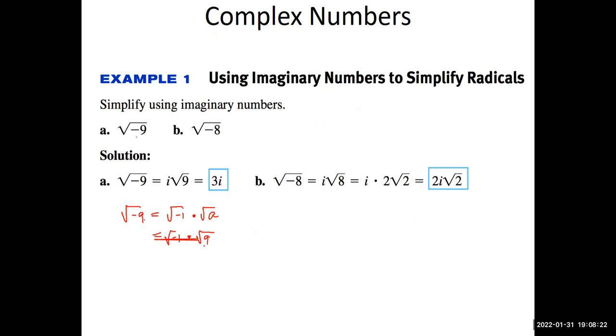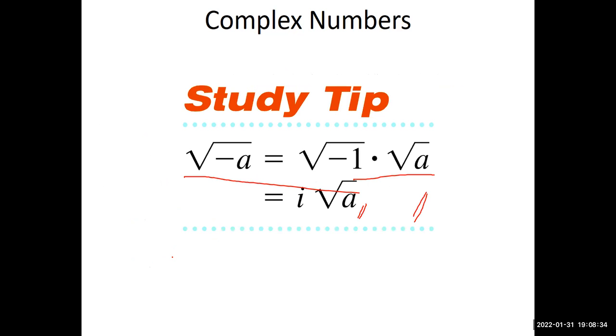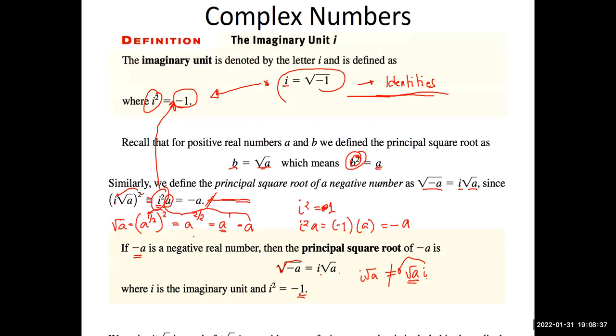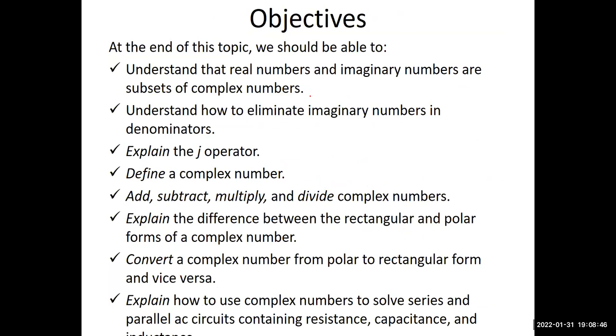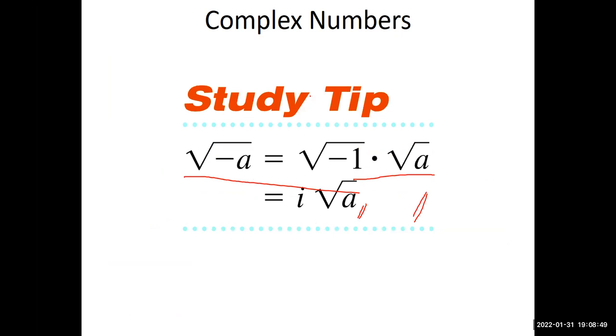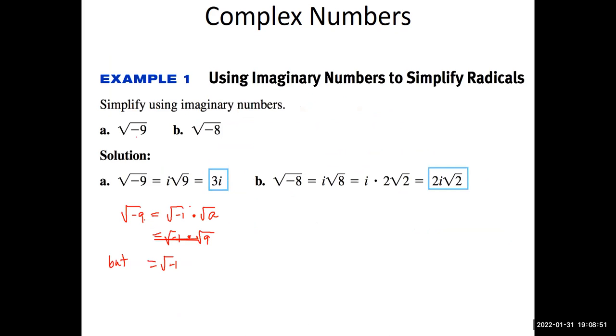But we all know that the square root of negative 1, di ba? Sabi natin, the square root of negative 1 is equal to I. Or I is equal to the square root of negative 1.